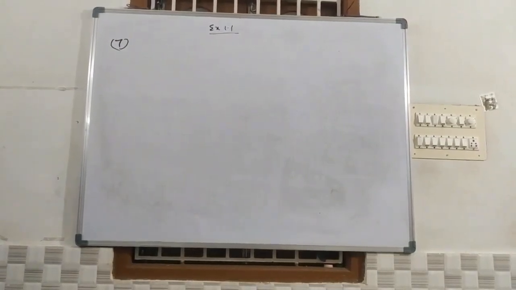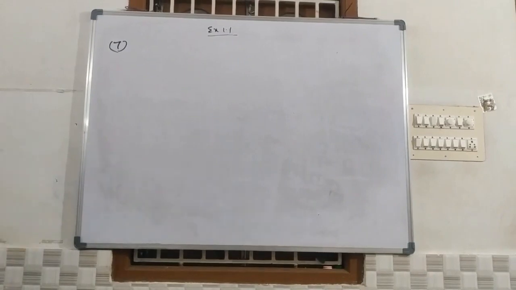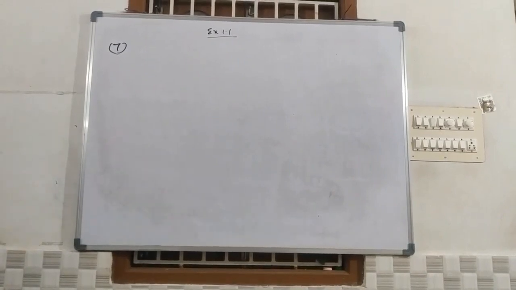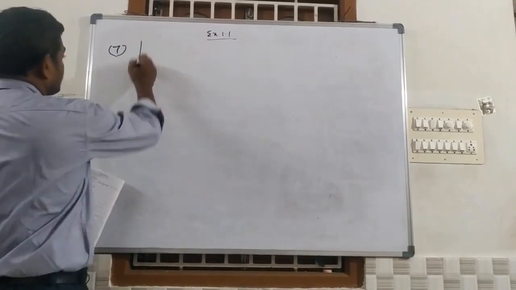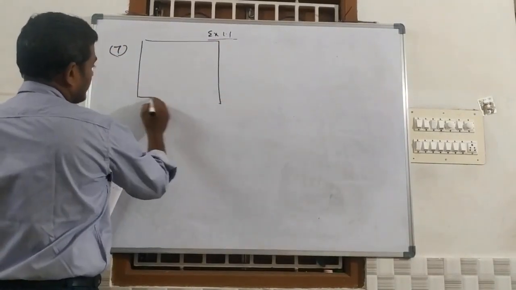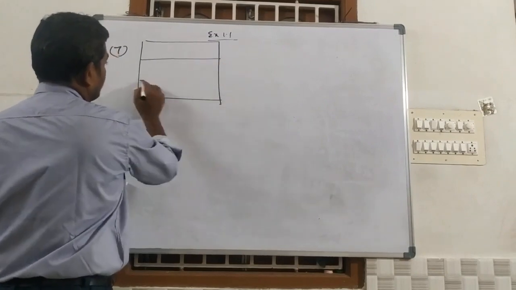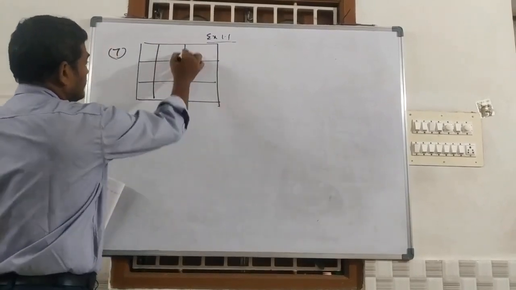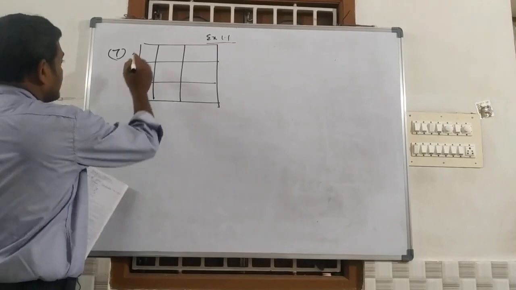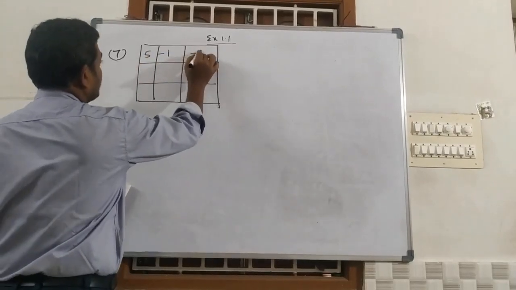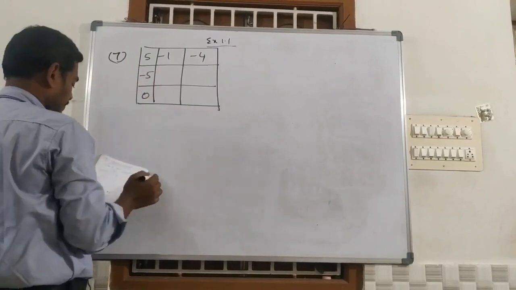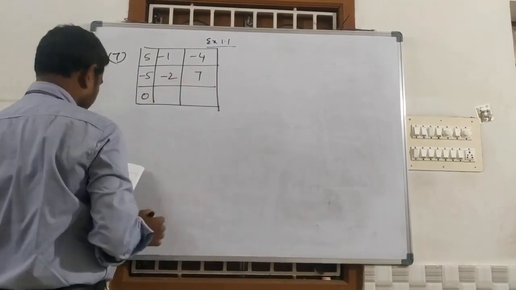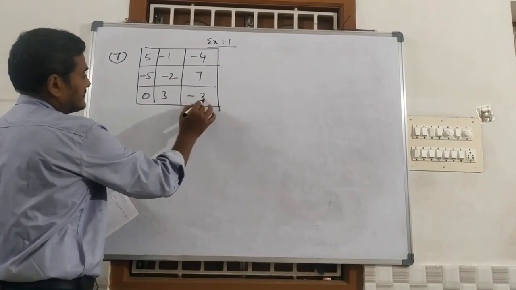Now, for the seventh question, part one, there are two sums. I am taking the first sum, in which the magic square is given. There are 3 rows and 3 columns: 5, minus 1, minus 4; minus 5, 0, minus 2; 7, 3, minus 3.